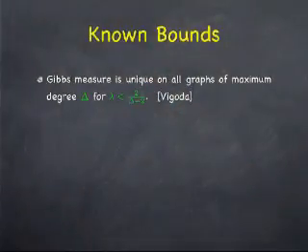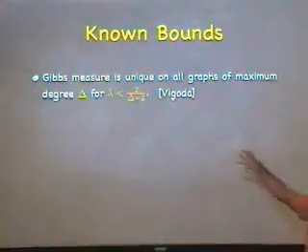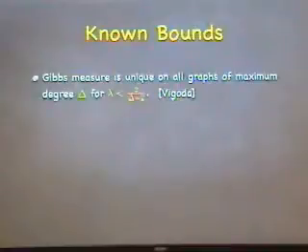And so now I can also look at finite graphs. This question is very related to the computational question I asked before, for which values of lambda is there an efficient approximation scheme. But let me just say what we know about this problem. What we know is that there is indeed a unique measure on all graphs of maximum degree delta, again at the same threshold that we had before for the computational problem.